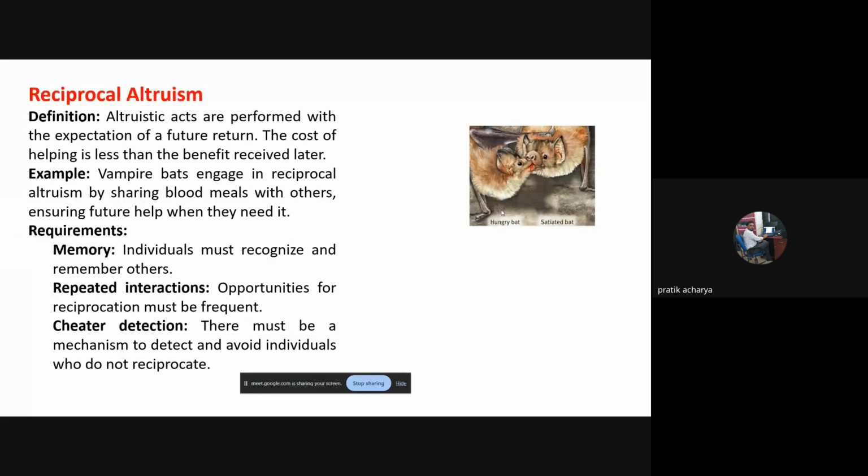When we talk about the vampire bat, it engages in reciprocal altruism by sharing blood meals with others, ensuring that in the future others will help it when it needs it. That is reciprocal altruism. Very interesting behavioral patterns are found in organismal groups.